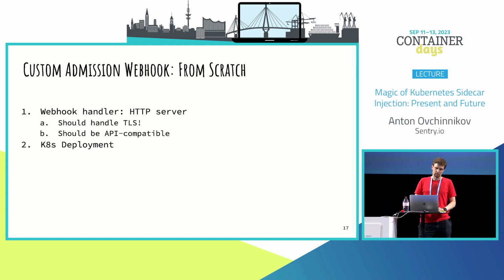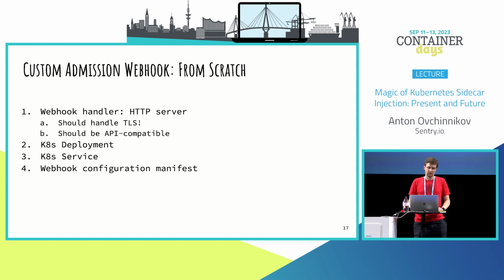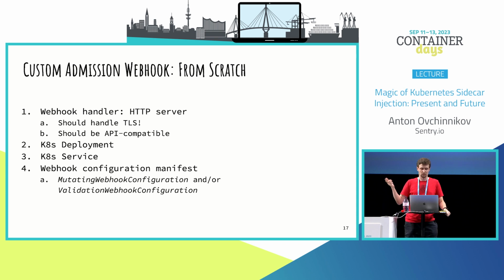Let's say we want to run it inside the same cluster, so we'll need a deployment and service. We'll also need those YAMLs for webhook configuration, either mutating or validating or both, if you want more flexibility. Because the idea is that mutating runs first, as you might remember. Then we have schema validation, which is also an important stage.